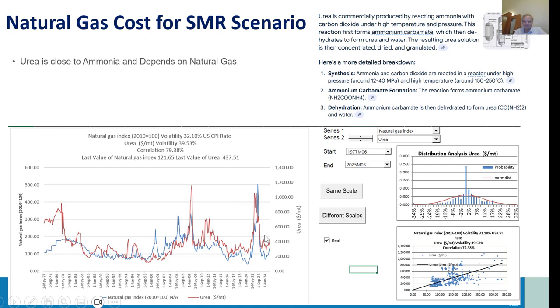Yes, the red one minus the blue one, whatever. We'd have to put them in the same units, blah, blah, blah. But there's a natural hedge. When the natural gas price goes up, then the ammonia price goes up or urea price goes up. When the natural gas goes down, then the costs go down.